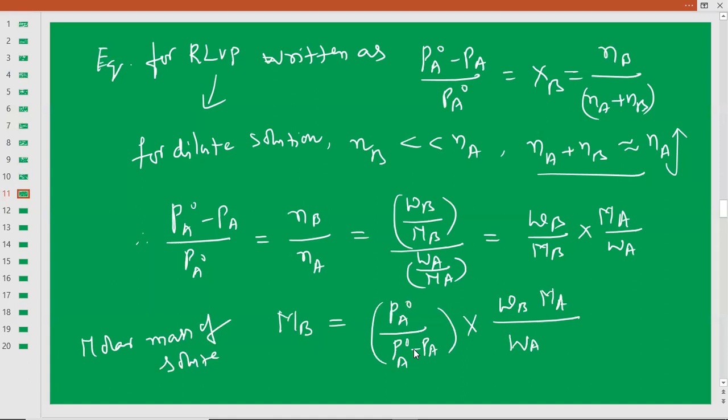Okay. So what is the MB value? MB is equal to PA naught by (PA naught minus PA) into WB into MA by WA. Okay, this is the expression for determining the molar mass of solute.